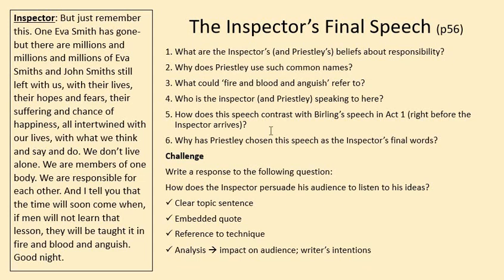Some people talk like we're bees mixed up in a hive. So he's basically saying the exact opposite to the Inspector. So Birling thinks that we shouldn't be responsible for one another, a man's got to look after himself, whereas the Inspector's saying actually we are one society and we all need to be responsible for one another.